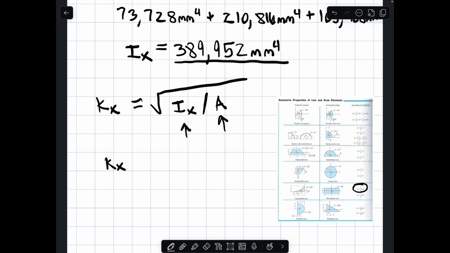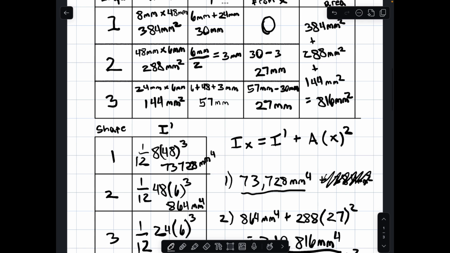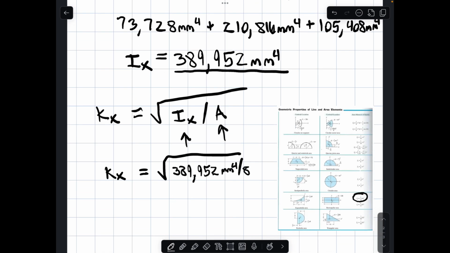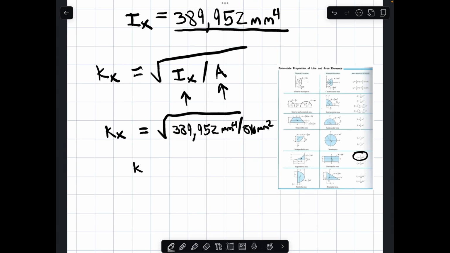So kx equals the square root of the total inertia divided by the total area, and kx equals 21.9 millimeters. And there you go.